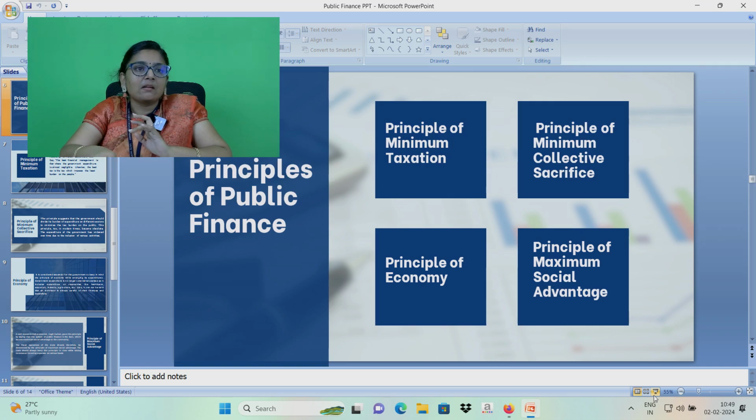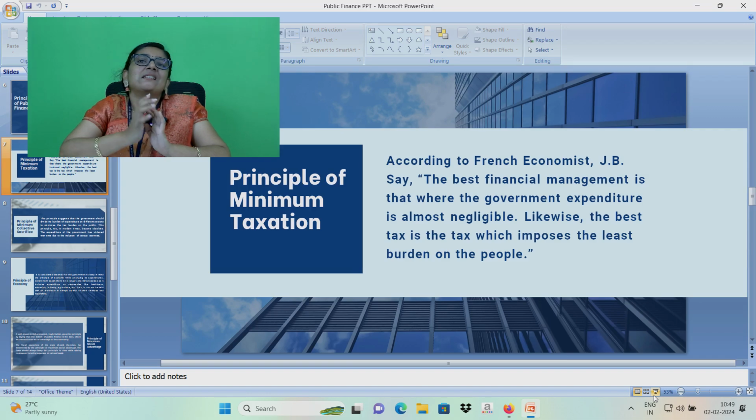In minimum taxation, according to the French economist J.B. Say, the best financial management is one where government expenditure is almost negligible. Likewise, the best tax is the tax which imposes the least burden on the people. The less tax you levy on the people, the better it is for the economy.